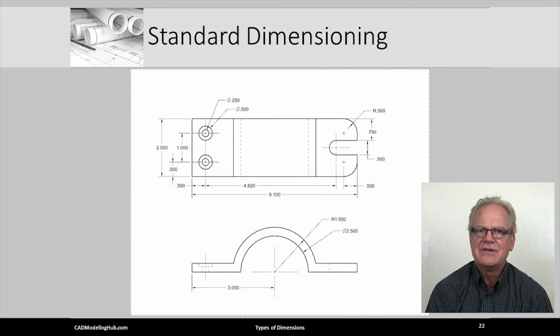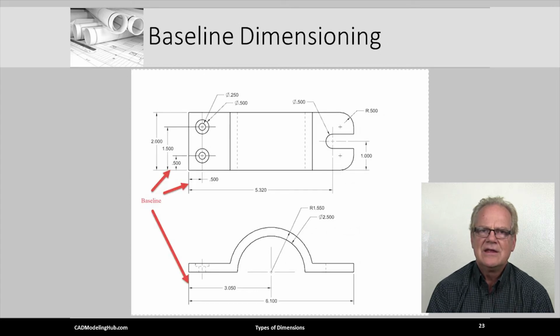Here is an example of standard dimensioning. Location and size dimensions are distributed around each view. Here is an example of baseline dimensioning. To start the process, one must begin by choosing baselines that location and some size dimensions extend from.